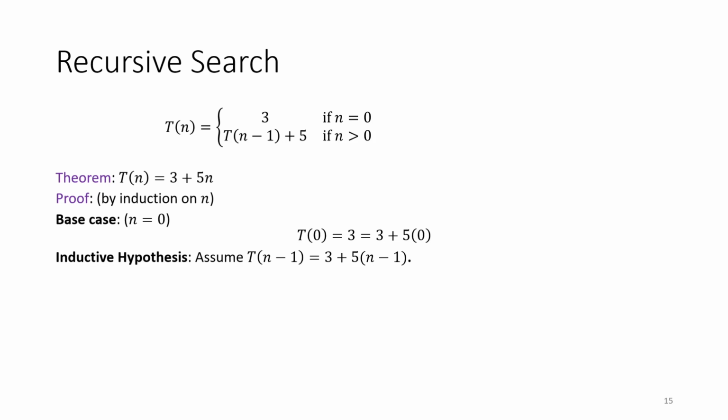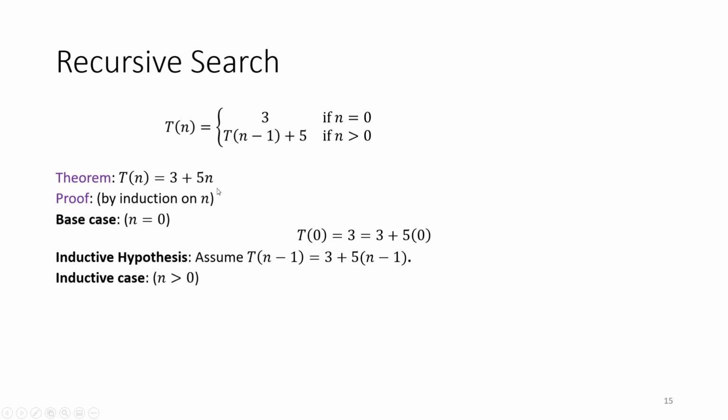In this case, the last value is n minus 1. And now we're going to go on in our inductive step to handle n when n is greater than 0, because we already handled the n equals 0 case here. So on our inductive case, n is greater than 0, and now we want to prove that T of n is equal to 3 plus 5n.